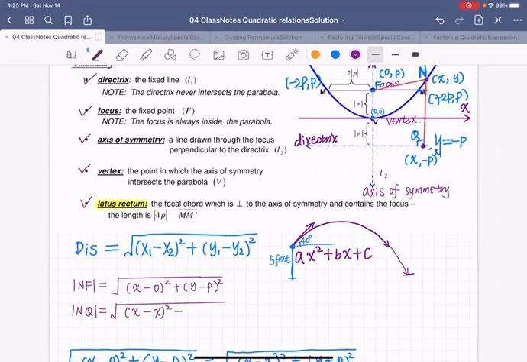Square, because that's X, and then Y minus negative P, because here is negative P, so it's Y minus negative P, which is Y plus P, right? X minus X, parenthesis square, then Y minus negative P, that's Y plus P.